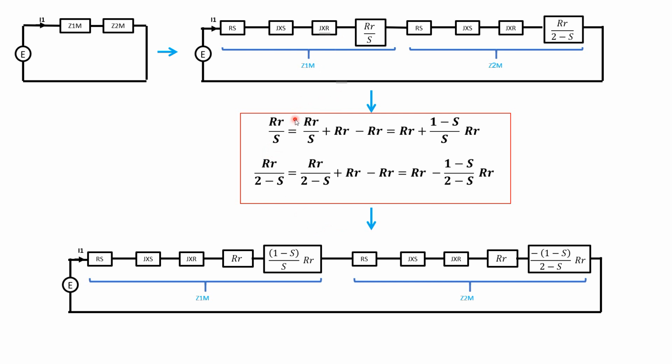Just to remember, if you want to take out the R as a real value from this, R divided by S could be R divided by S plus minus jR. Then we take out the rotor resistance and say this one is the rotor resistance plus this value, and instead of this, we have rotor resistance plus this value, which is the opposite sign of that, but a different value.